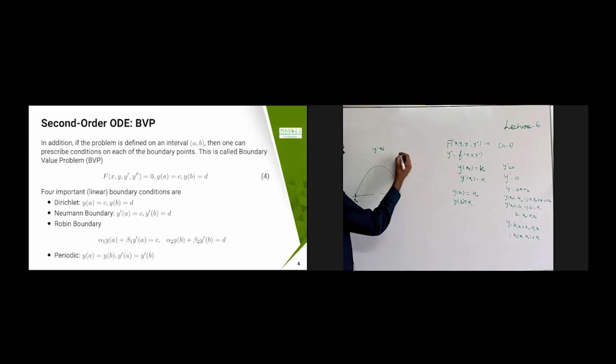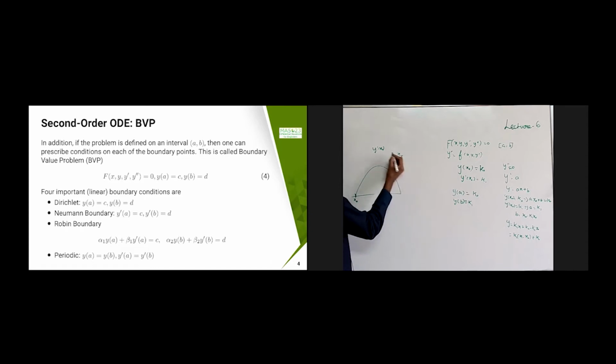So x naught is given, and after some stage, let's say after 5 minutes, where x naught means the 0th second. Five into 60, so I can put 300 seconds also. After 300 seconds, what is going to be the position?